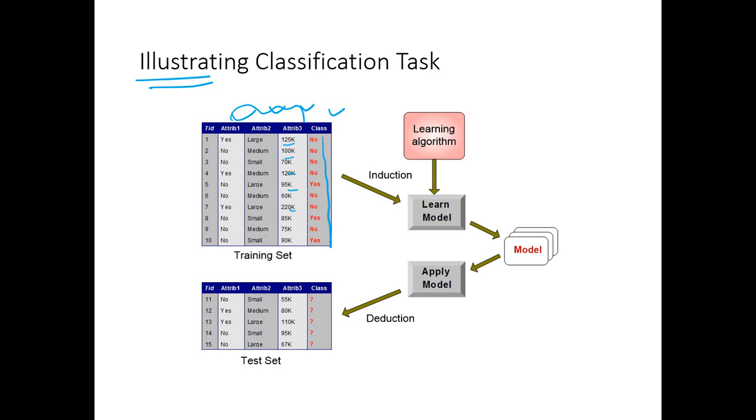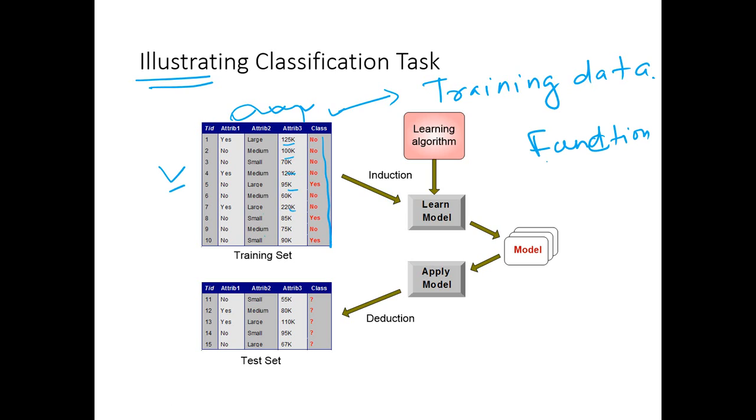Now this we call training data. Why? Because we will use this data to find the function that will relate the class with the attributes.